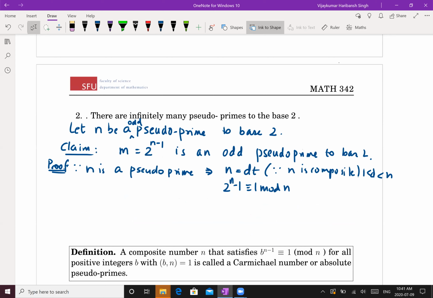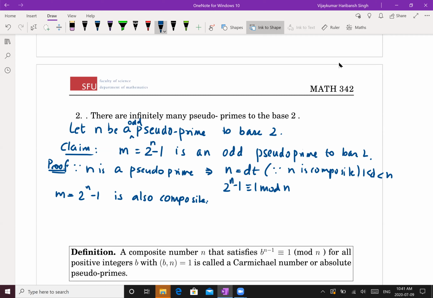Now, first of all, we'll show that m, which is 2 to the power n minus 1, is also composite. So how will you show that it's composite?